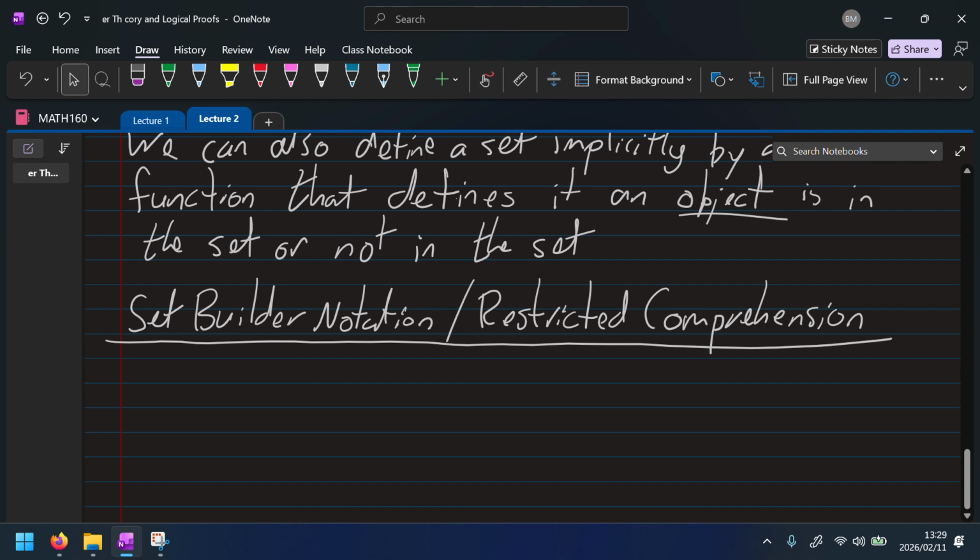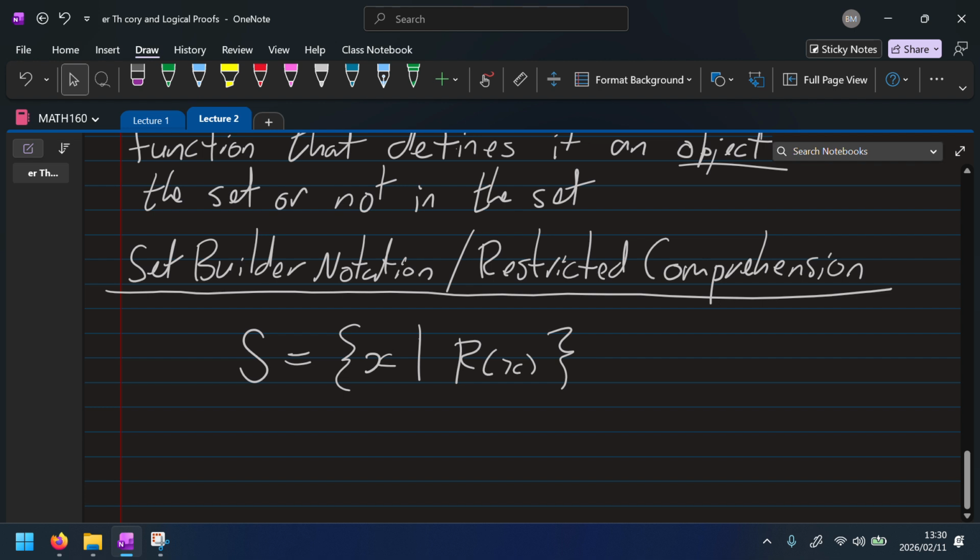So very similar to what we had before with those sets. So we have a set S is equal to, and we still use that brace notation, but we write X as in the object X that we're deciding, is it in the set or is it not in the set? Then we have a vertical line, which we read as "such that". I'll put it all together at the end. So X is an element of the set such that, and then we have the rule. That will be R of X.